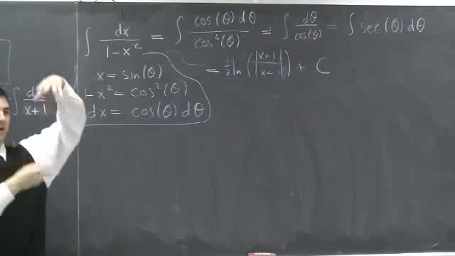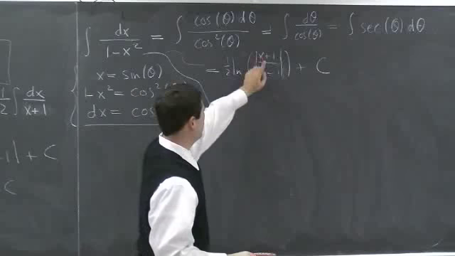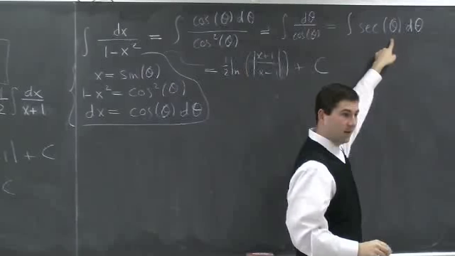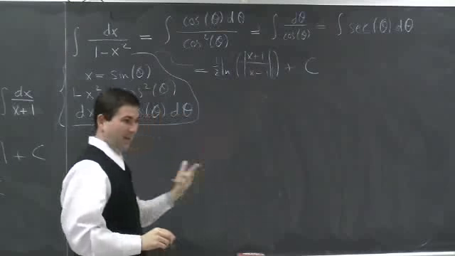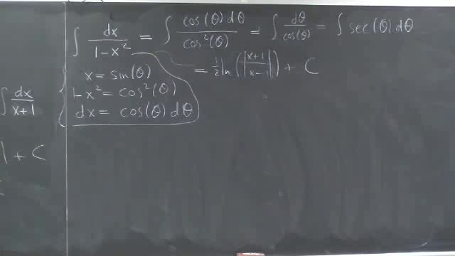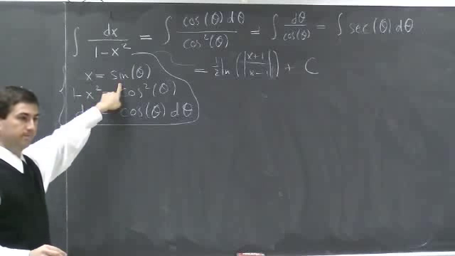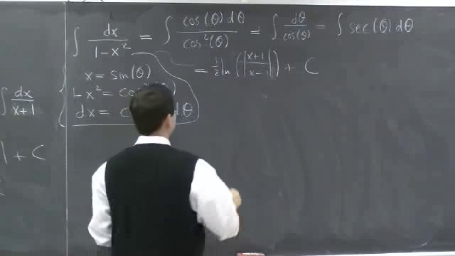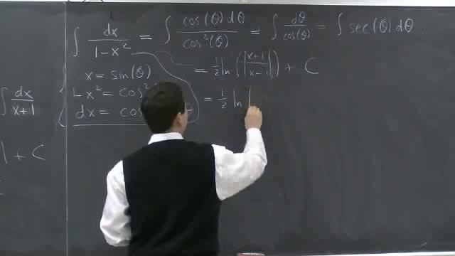Absolute value doesn't care about division. You can put it in or out. Okay, here's the problem. I started with a theta, and I've ended up with an x. Okay, that's not good. So what was x? Well, x was sine of theta. So this is a half ln.